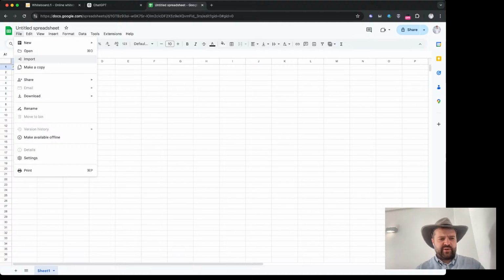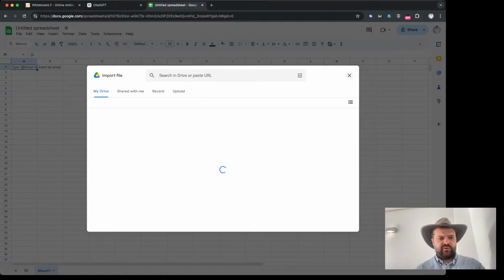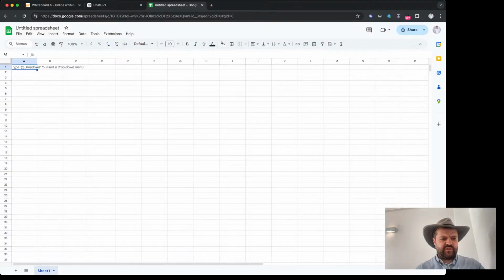If you press File, Import into your Google spreadsheet, let me just for a while, I don't want to share everything that I have on the screen. Okay, let me press import and switch to the upload option.